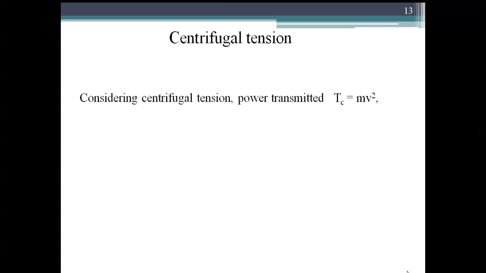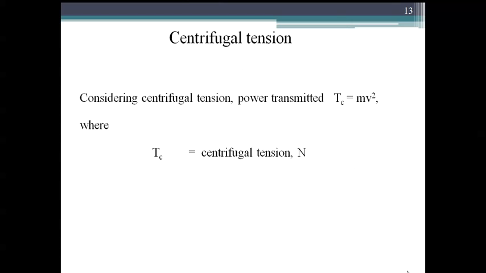Centrifugal tension Tc equal to m v square. Here m is the mass of belt per meter length, in kg. V is the velocity of the belt, that is the belt speed in meter per second.